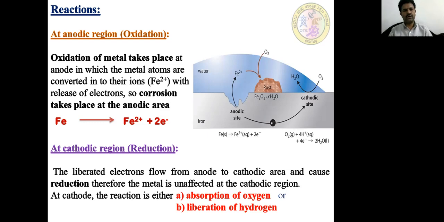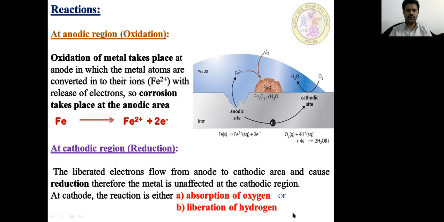So there are 2 different cases here. The reduction reaction occurs in the presence of oxygen, that is absorption of oxygen, and also the gaining of electrons, or reduction, occurs through liberation of hydrogen. So the reduction reaction occurs in the presence of oxygen. Also, the reduction reaction occurs even in the absence of oxygen through liberation of hydrogen.